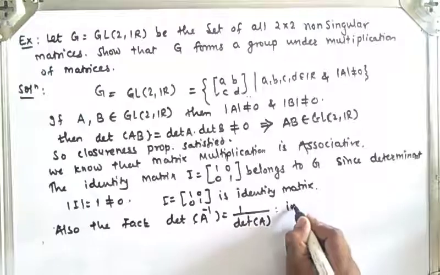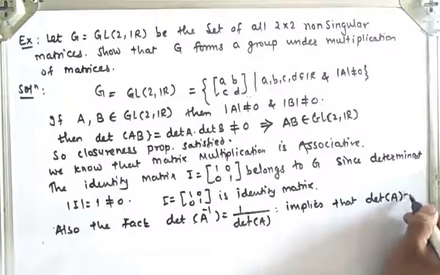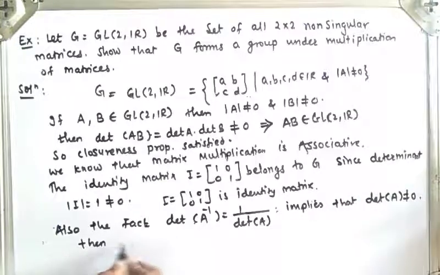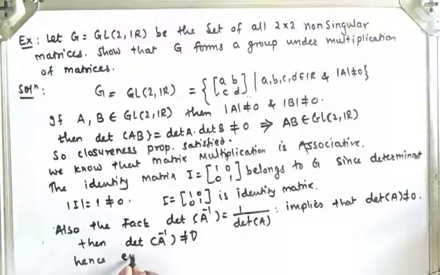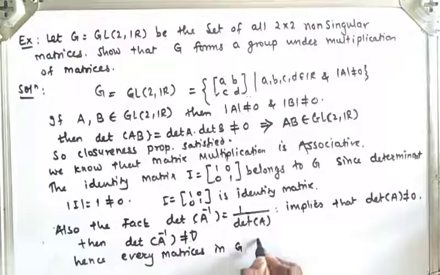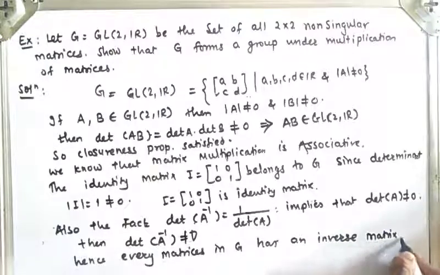This implies that the determinant of A inverse is also non-zero. Hence every matrix in G has an inverse matrix in G, which means all 4 properties are satisfied.